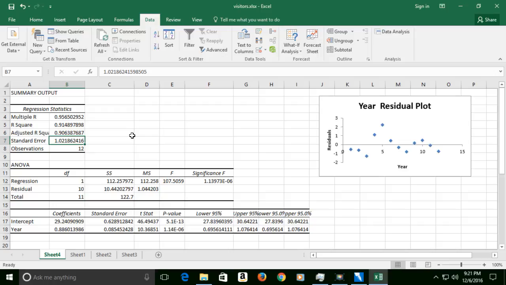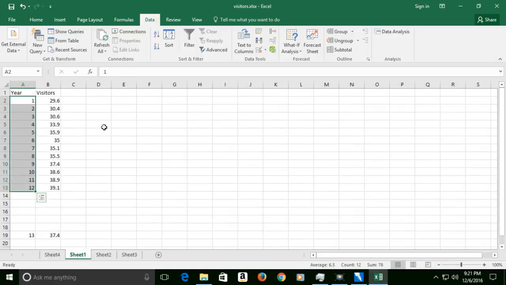The standard error is 1. Okay? The standard error is the average error. Now let's go back to our sheet 1 here for a second. Notice the visitor says 29.6. That's not 29 visitors. That's 29 million visitors. All right? 30 million visitors, 30 million, 33 million, 35 million.